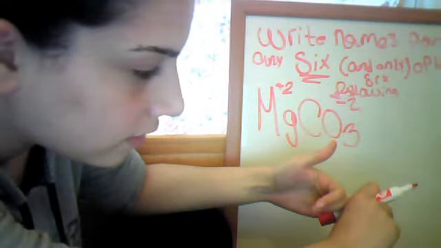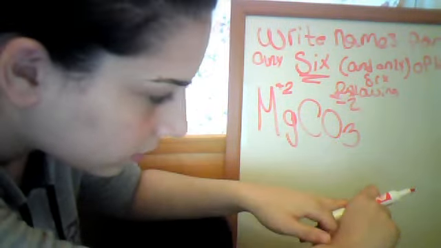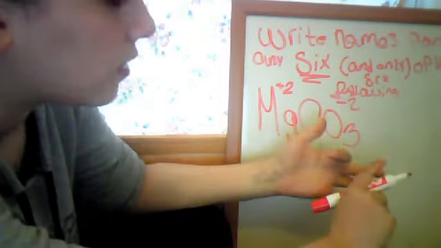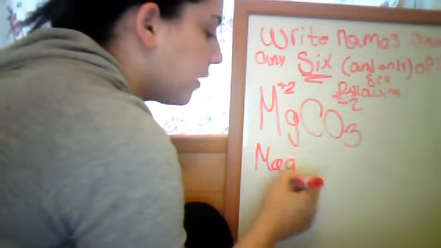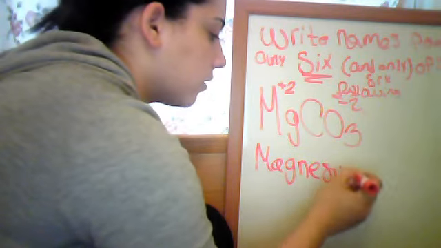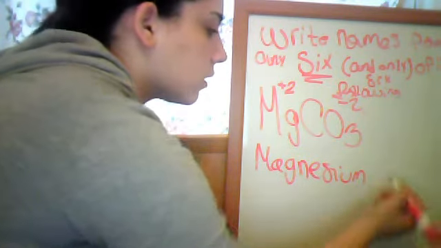Carbonate 3-2. Phosphate 4-3. Sulfate 4-2. So I have them memorized this way. Everybody has their own way of learning. So magnesium carbonate.